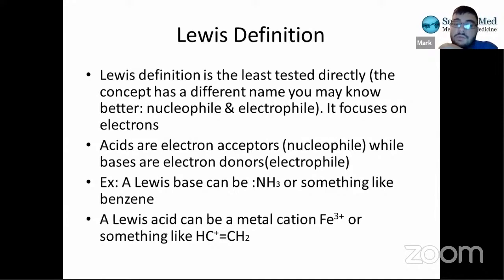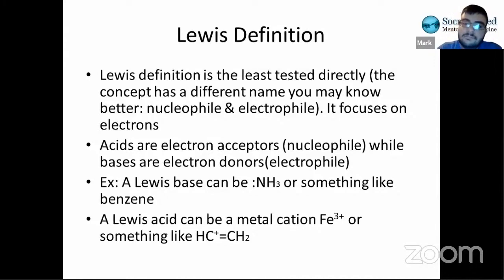For example, a Lewis base can be NH3 or something like benzene, right? NH3, we talked about why it can be a base, right? From the last definition, because it can accept the proton. Benzene, we usually don't think of it as a base, right? Because it's very weird. It's not a typical base that we think of, but it actually is a base because it can be an electron donor, right?